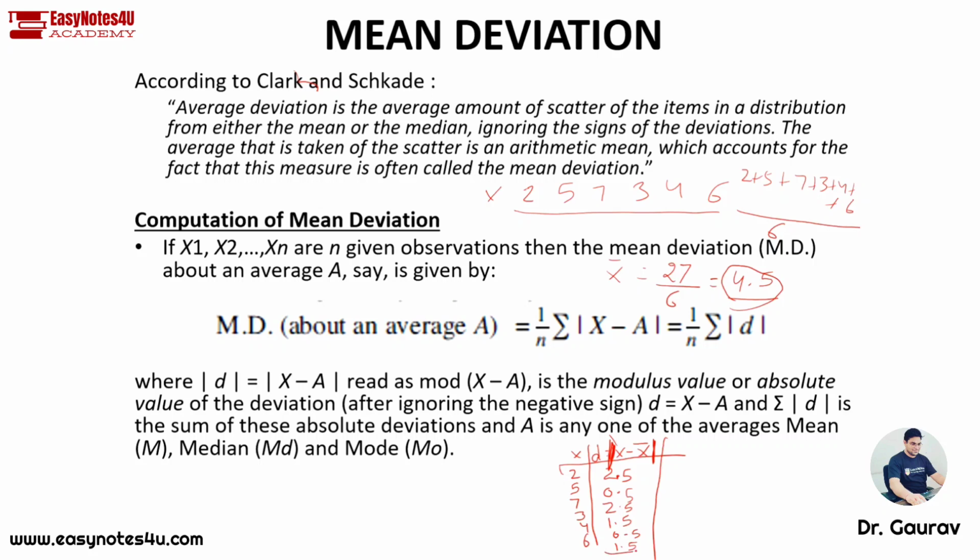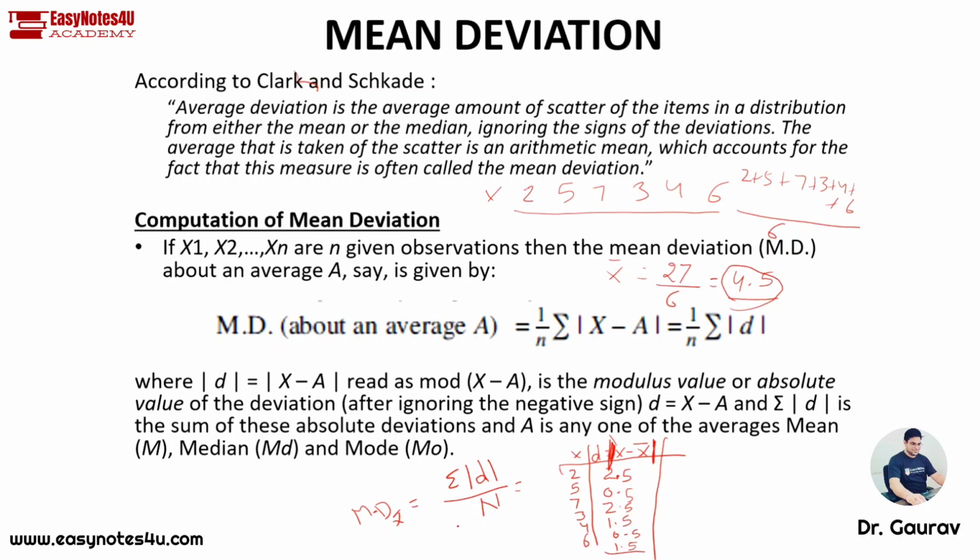When you do the total, summation of the deviations divided by n, this will be the mean deviation from the mean. The total is 2.5 plus 0.5 plus 2.5 plus 1.5 plus 0.5 plus 1.5, which is 9.